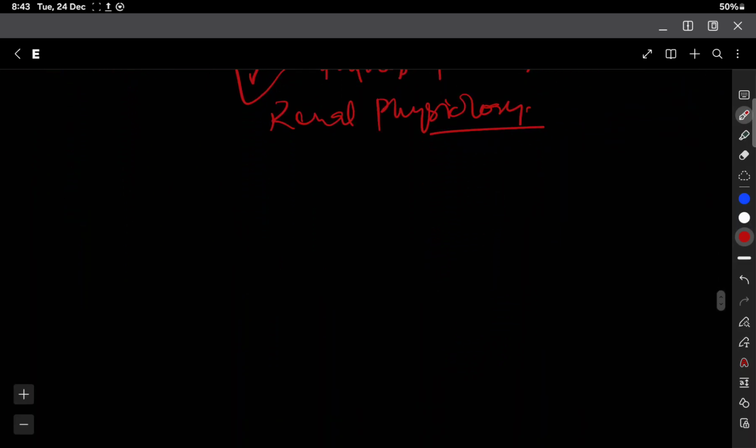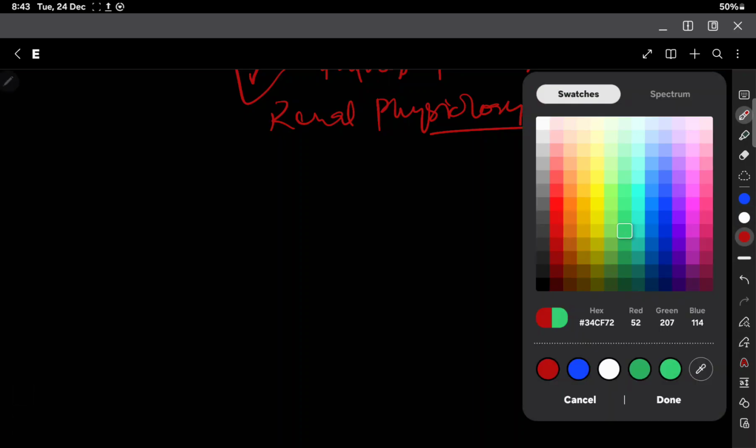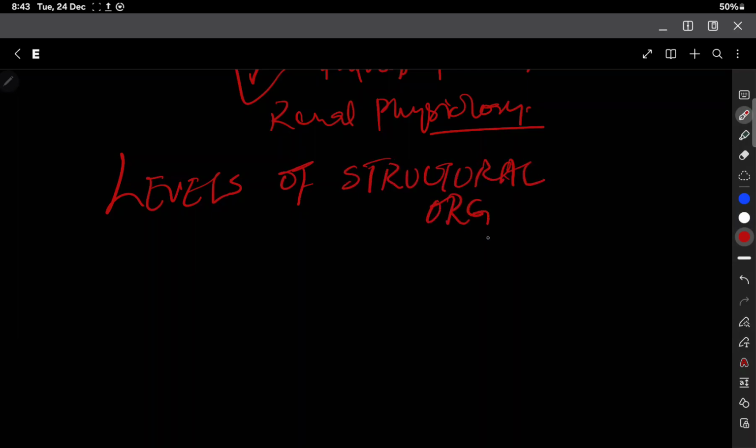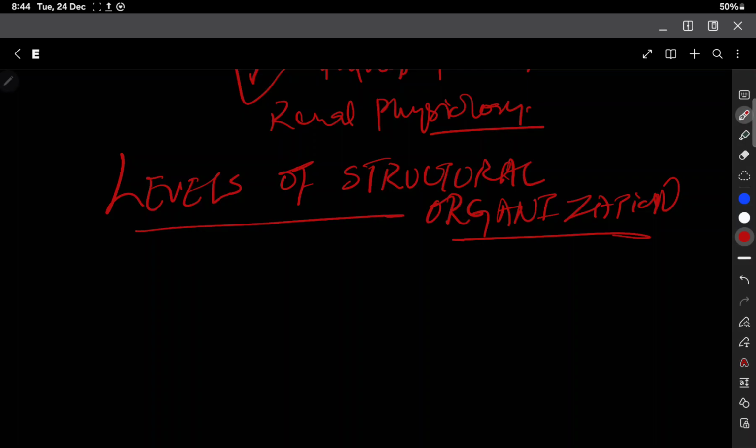Now, if I go to the second topic, that is the levels of structural organization.